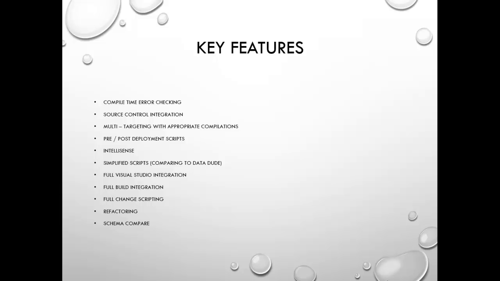And so we talked about most things. I didn't talk about simplified scripts, but I showed you one of the tables, and you see that the columns and then the indices and foreign keys are all in one file. To me that is a huge improvement over DataDude, because everything related to a specific table is all in one file.